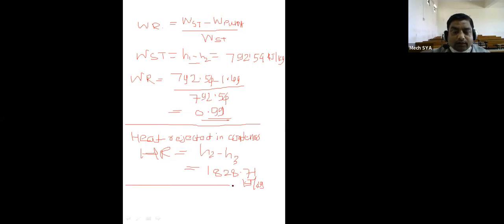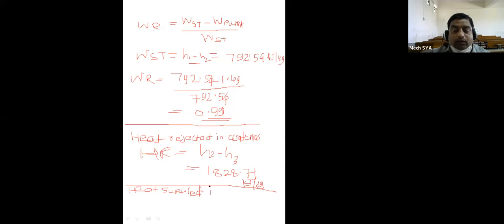Similarly, the next parameter they asked is heat supplied in boiler. So heat supplied in boiler will be what? Anybody? What is the formula? We can call it QS or HS.